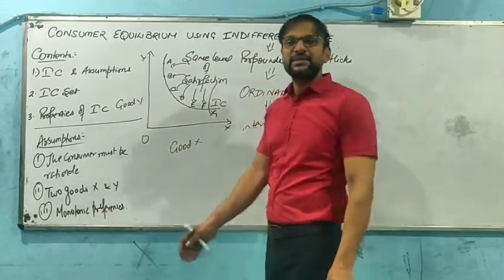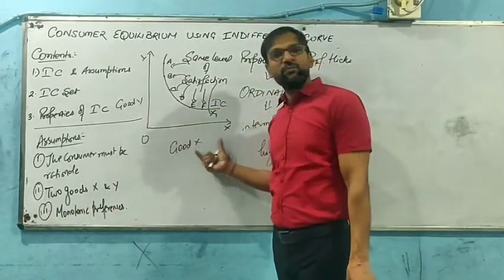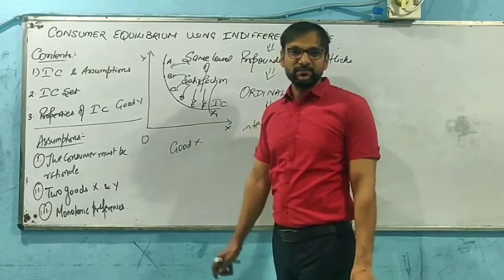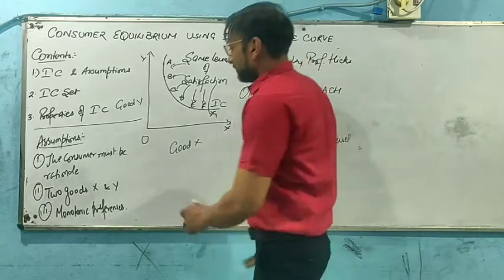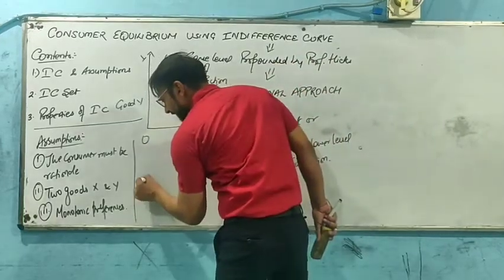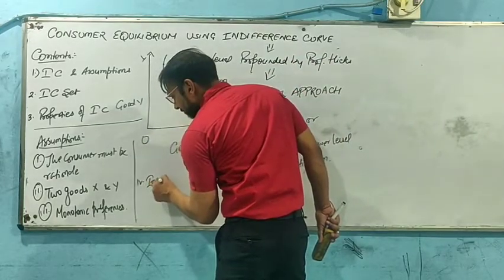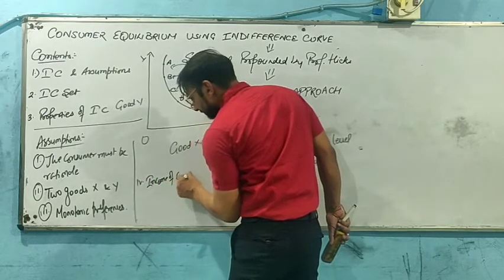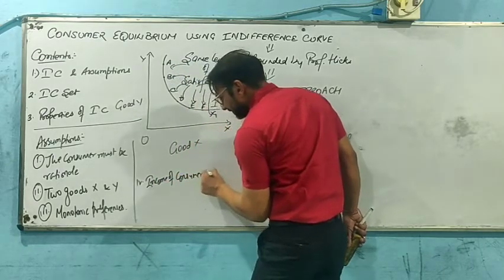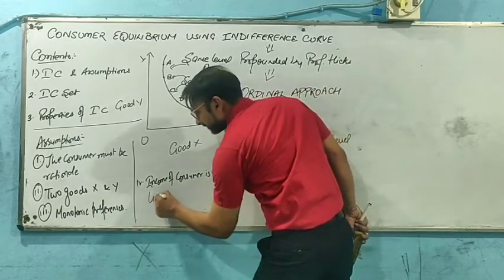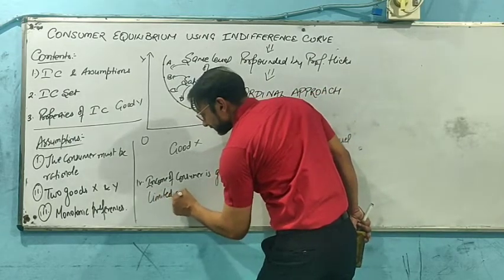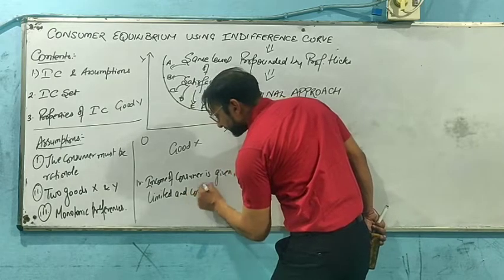It is basically a liking towards one good more than the other. Fourth, we say that the income of the consumer is given, limited and held constant.